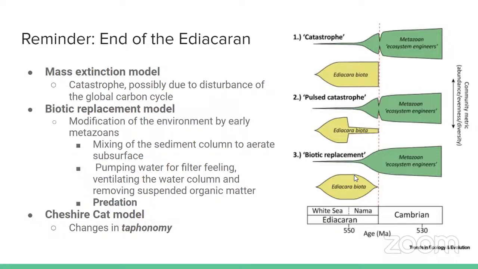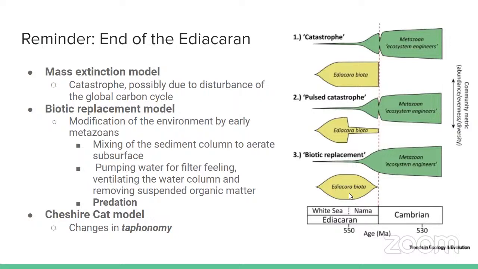So that the benthic environment might have changed, disturbing some of the ways that those Ediacarans were living. Pumping water for filter feeding, ventilating the water column, and removing some of those ways that the Ediacaran were getting their nutrients might also have helped kill them off. And then also active predation, essentially, of those metazoans on the Ediacaran.